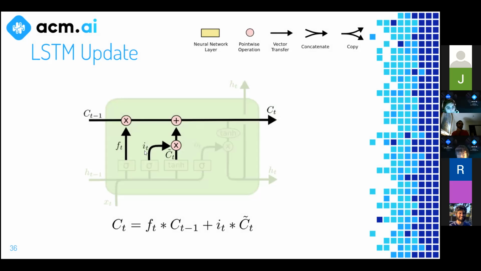I'm just going to skip to here because we're discussing all of this at once. That would assume that all of the values that we get here are positive, if these were both sigmoid. And then when you add to it, the weight values in your cell are just going to go up and up and up. And then the onus is completely on this forget stage to keep the values in check. But if we use the tanh, we have a range of positive values and a range of negative values.